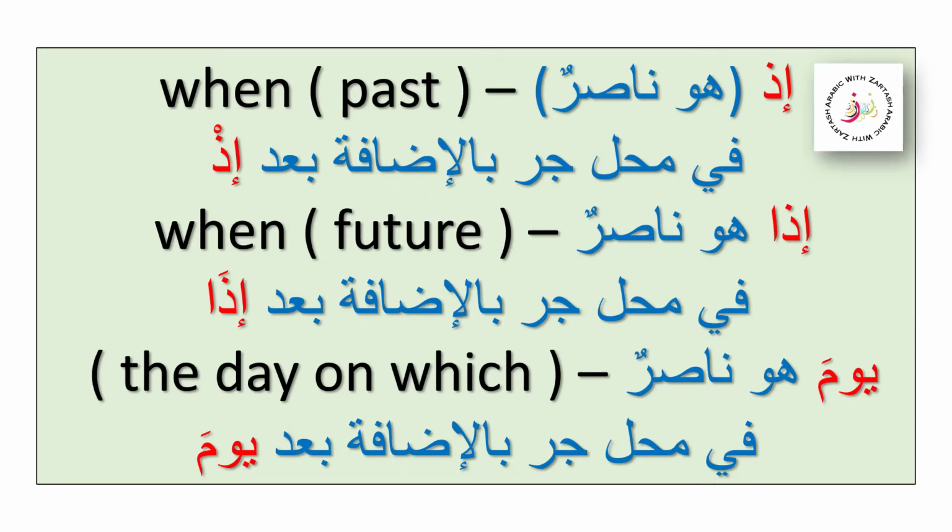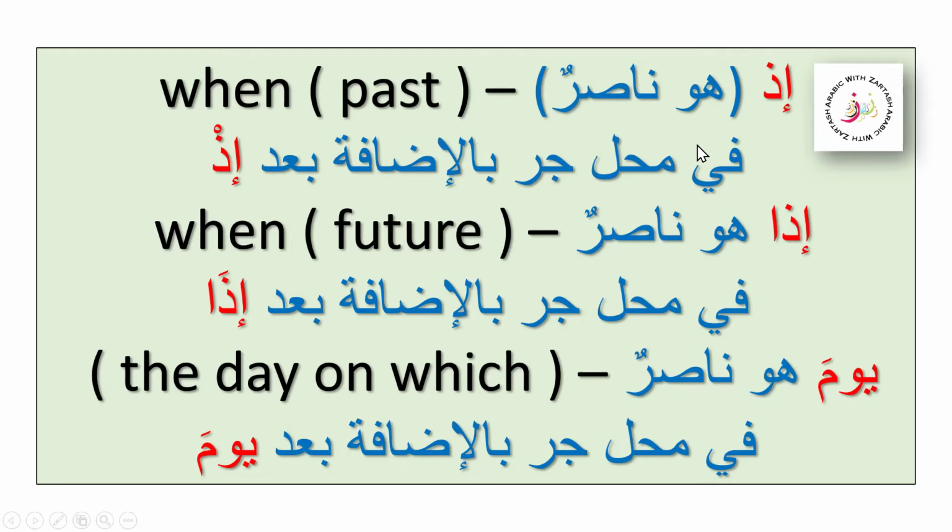So whenever idh and yawma enter a jumla ismiya, or any sentence, we can put the i'rab like fi mahalli jarr. They create an idafa. We have the mudaf and mudaf ilayhi construction. So this zarf will be the special mudaf, and the whole sentence after it will be the mudaf ilayhi, and we can put the i'rab like fi mahalli jarr bil idafa ba'da idh.